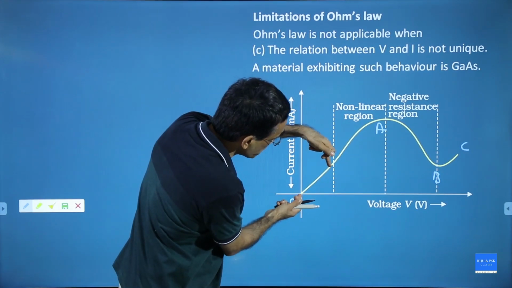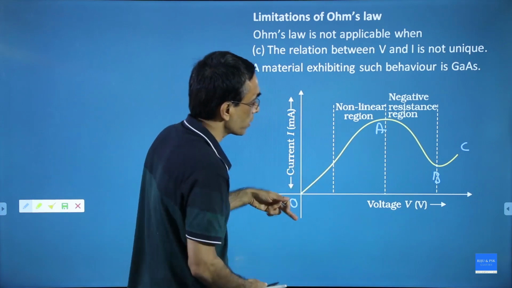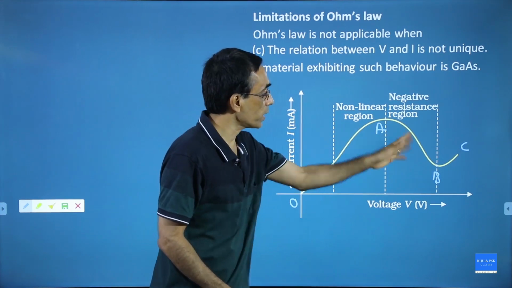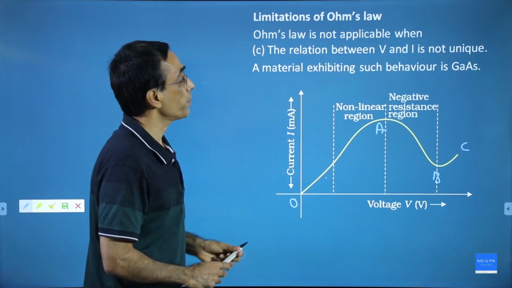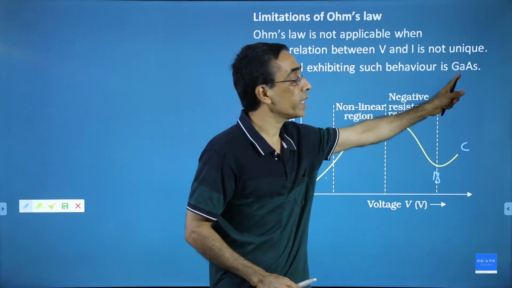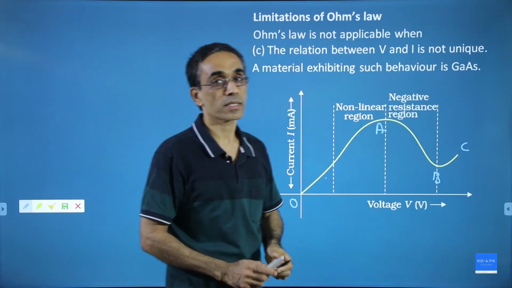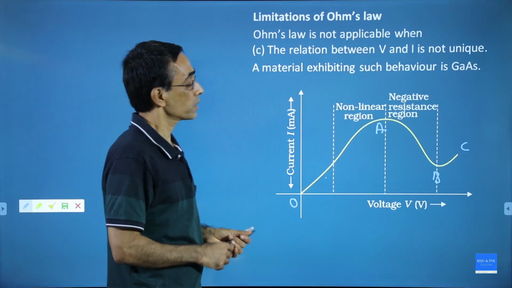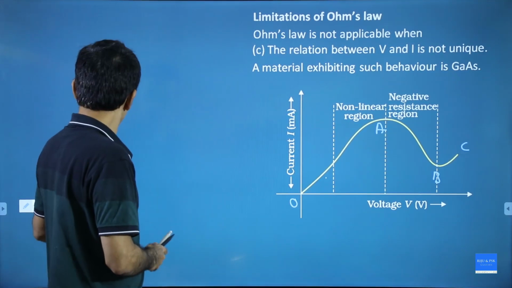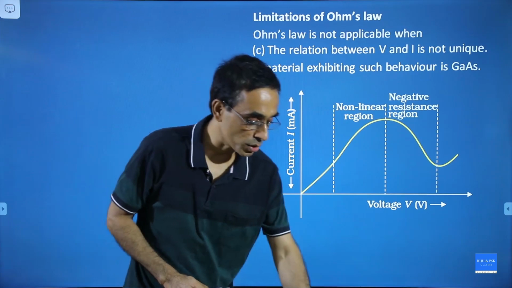And see, up to this point it is approximately a straight line, so Ohm's law is applicable. Beyond that it is not applicable. Semiconductor devices, this is called gallium arsenide. Refer to the textbook. Gallium arsenide is an example, a semiconductor material. Fine. So, that's about the limitations of Ohm's law.